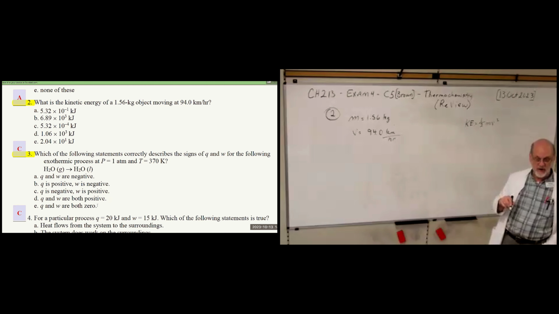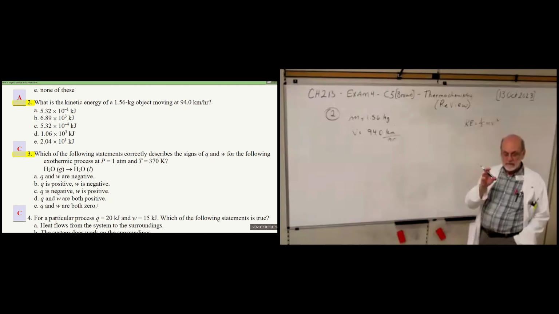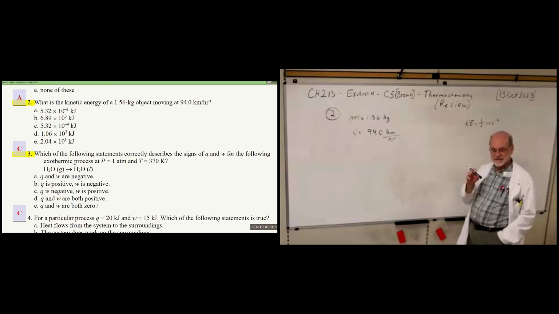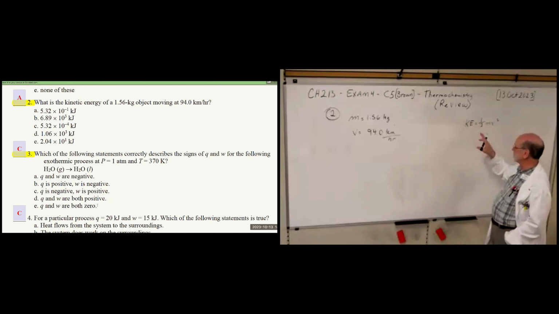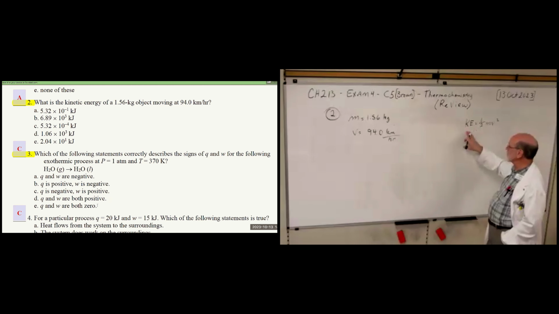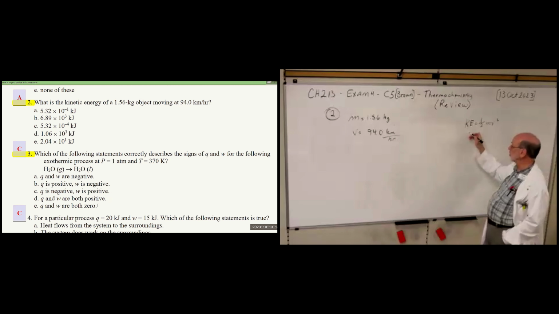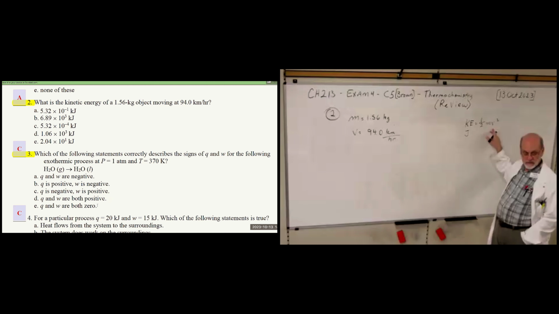Mass times velocity squared. Okay. The unit in the SI system for energy is the joule. But if you want joules as your answer, these have to be SI units also.